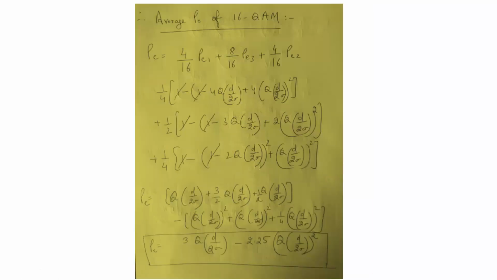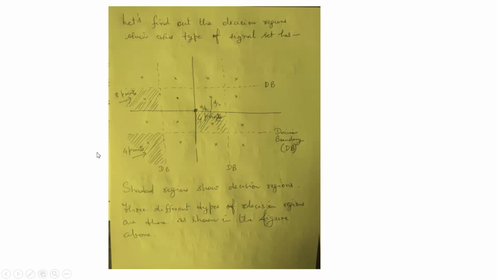Now if you look at the constellation diagram once again, this is the origin. The square of the distance of each point from the origin is actually the energy, right? For example, for this point, it will be d by 2 whole square plus d by 2 whole square.